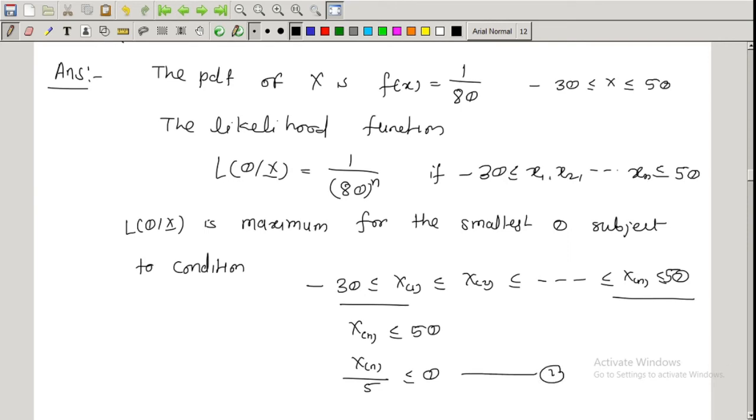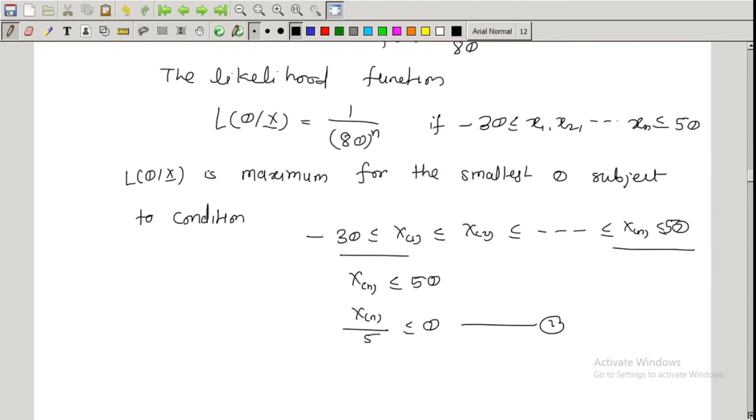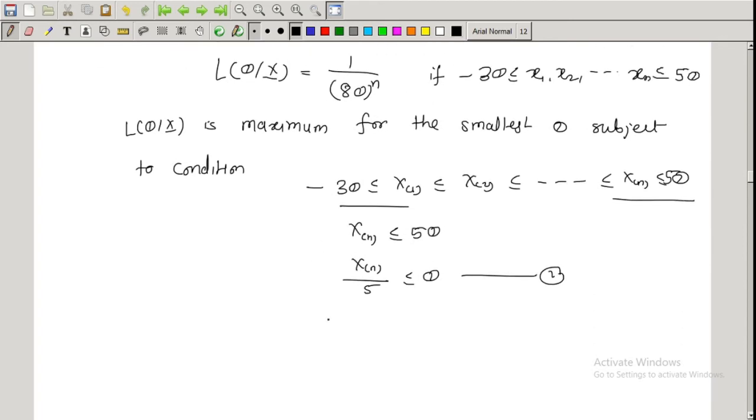And second, according to minus theta, minus 3 theta is less than or equal to x order 1. If I multiply both sides by a minus sign, I get 3 theta is less than or equal to minus x order 1.